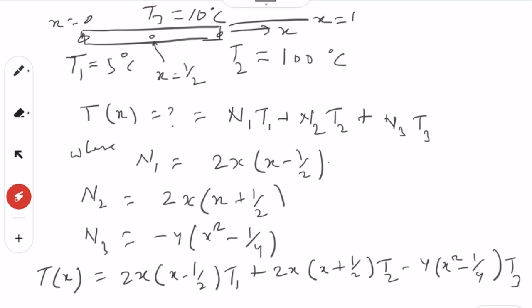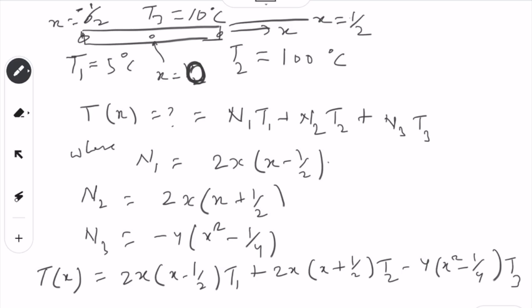First of all, we have to be careful, because our derivations are based on x equal to minus half to plus half. So when we put x equal to 1/4, that really means what is measured is here, not here basically. The idea was not to have x equal to 0 here and x equal to 1 here, but x equal to minus half here, x equal to plus half here, and x equal to 0 in the middle.